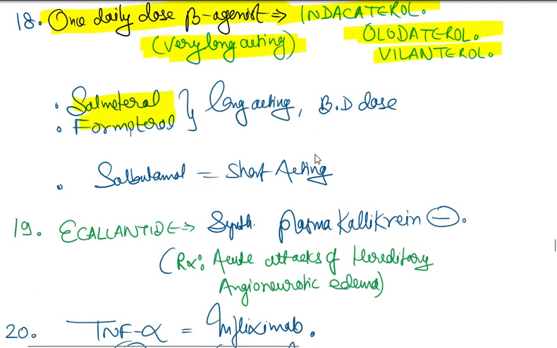Salmeterol and formoterol are also long acting, but twice daily dose. Once more revise: indacaterol, olodaterol, vilanterol. Salbutamol is short acting.